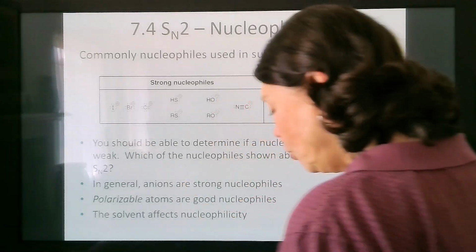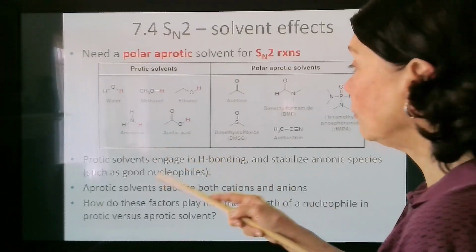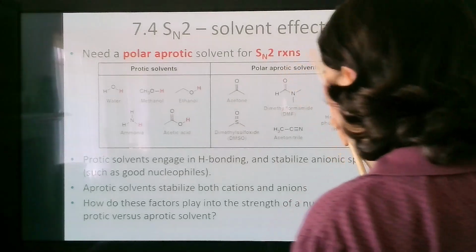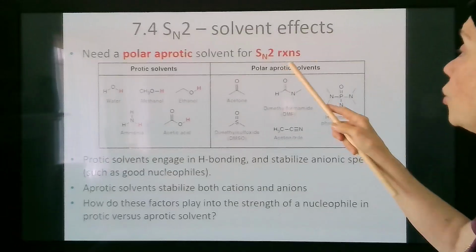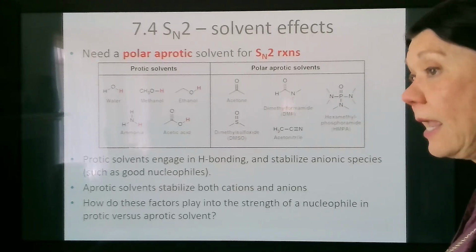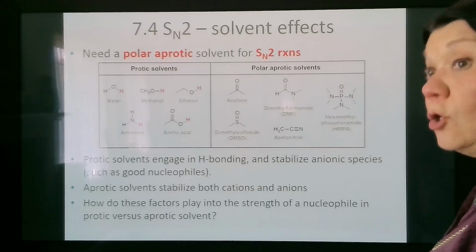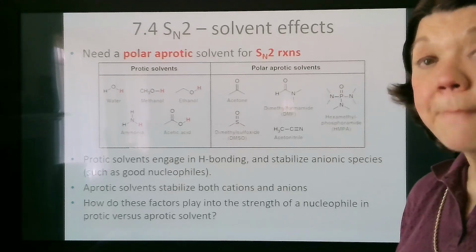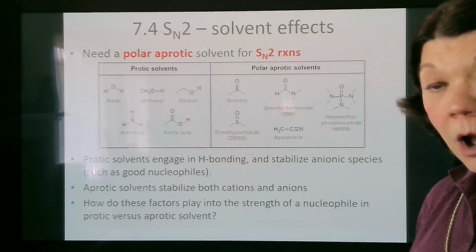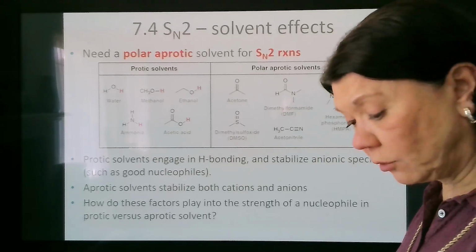So you need solvents that will not strongly solvate those anions, and that will be the polar aprotic solvents. Moving to a polar aprotic solvent will increase the rate of an SN2 reaction because it makes the anions, the nucleophiles, more bare. And that is what you want if you are going to have a reactive nucleophile.